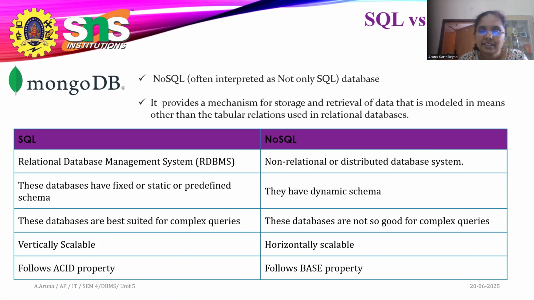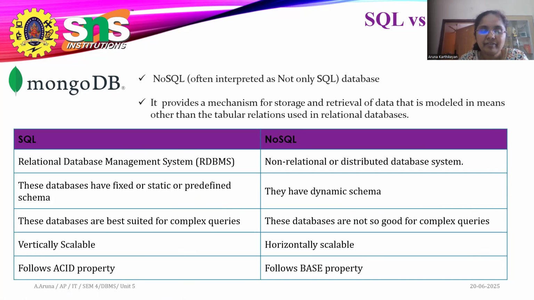And it is not in a tabular model, because in SQL we store all the data in the tabular relations used in a relational database. That is overcome here. Here there is no schema. We don't need to design any structure for the database. By itself, it will create the structure based on the input we are giving. That is why it is called not only SQL.